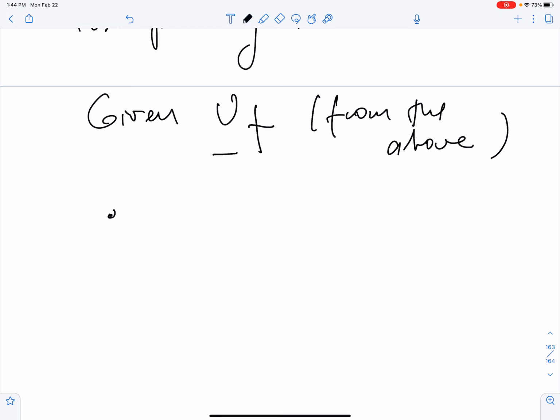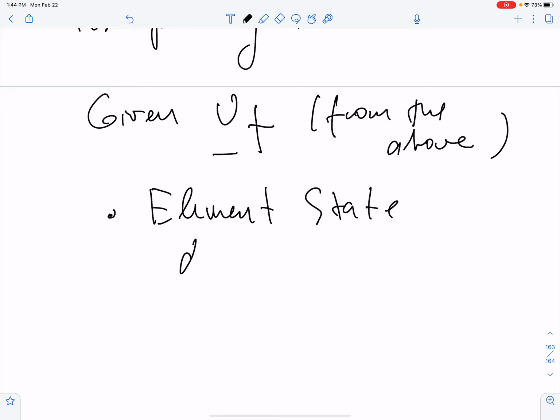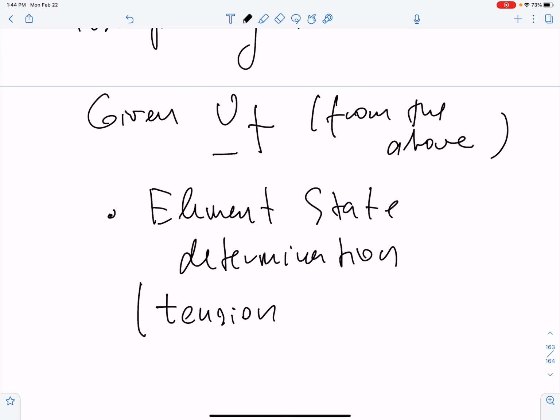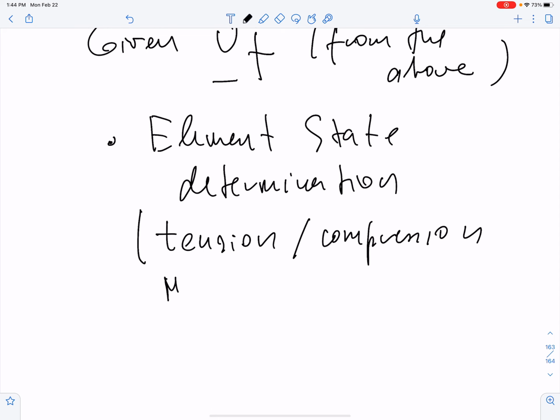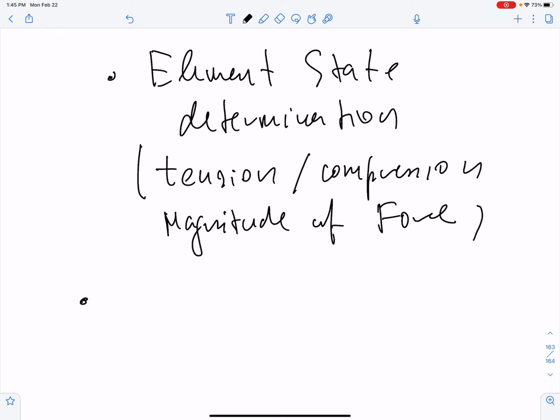You do element state determination, where you answer questions such as whether your element's in tension or compression, and the magnitude of the force. Okay, and you also looked at another important quantity, support reactions.